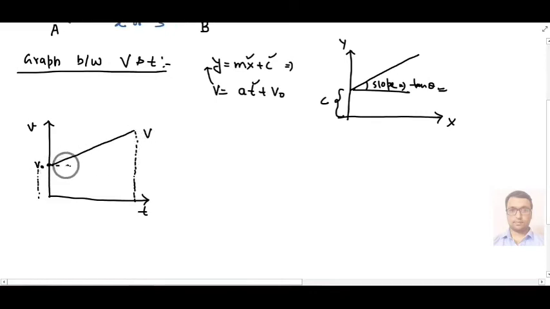So this is the graph between velocity and time, a straight line graph.